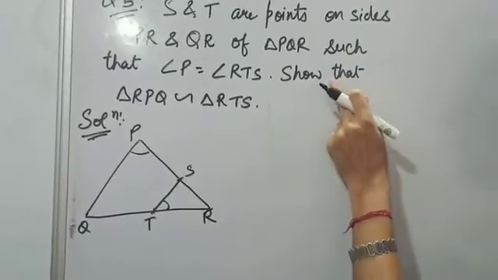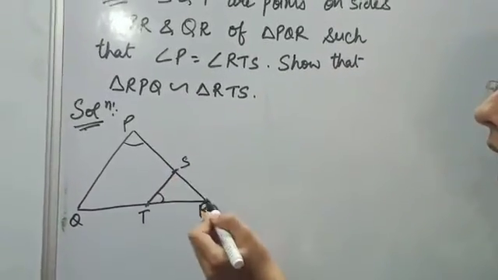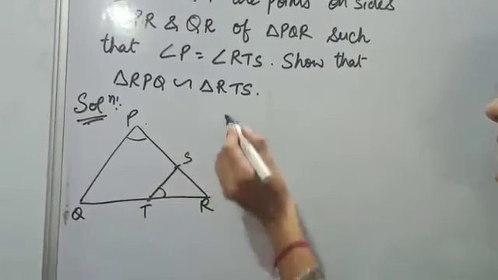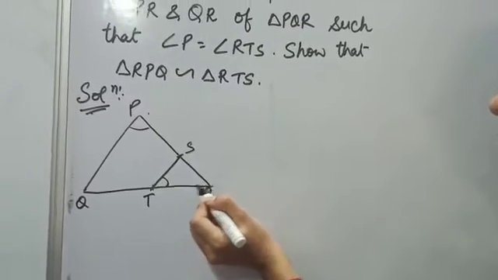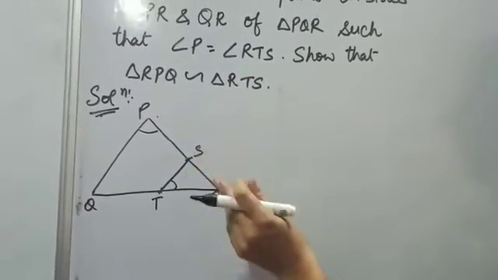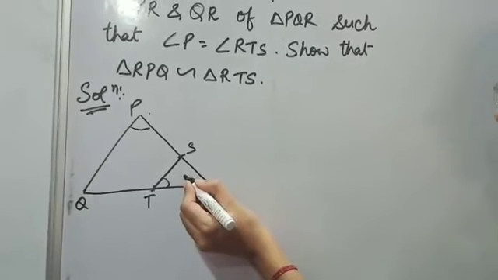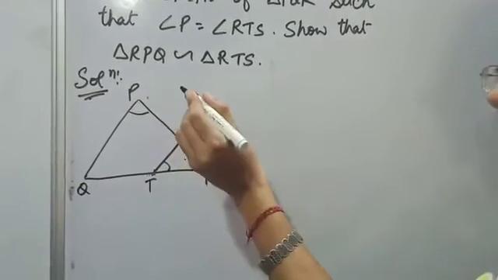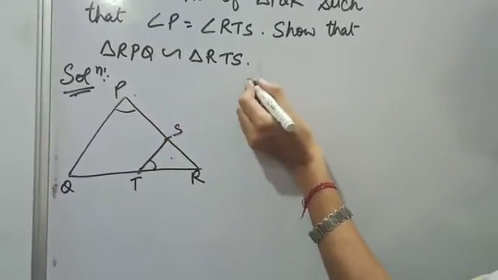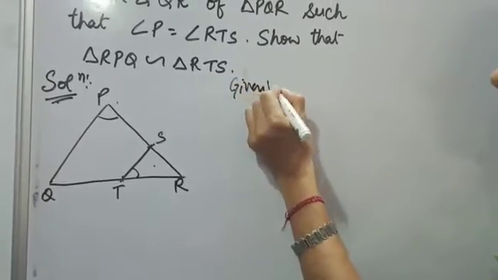They are saying show that triangle RPQ is similar to triangle RTS. If we have to show that this small triangle is similar to the bigger triangle, then first we have to write the given part.